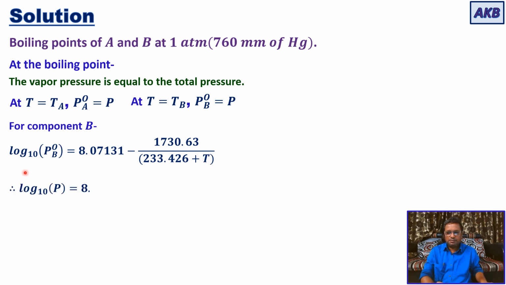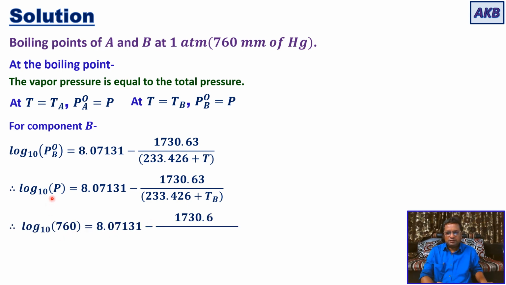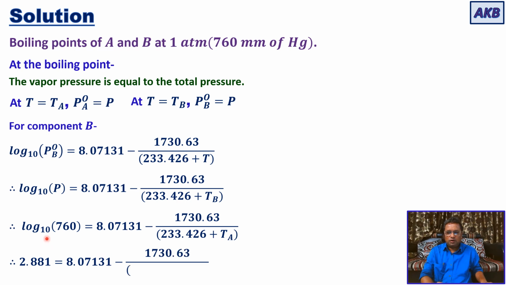So PB naught is replaced with P and T is replaced with TB. We just have to solve and simplify it. So P is 760, and in the next step we have log to the base 10 of 760, which is 2.881.